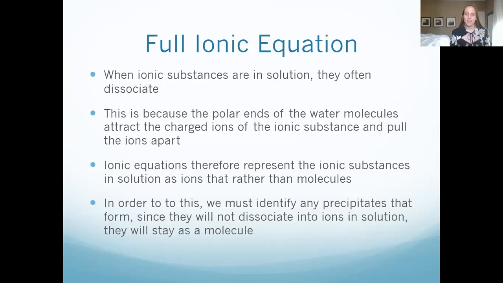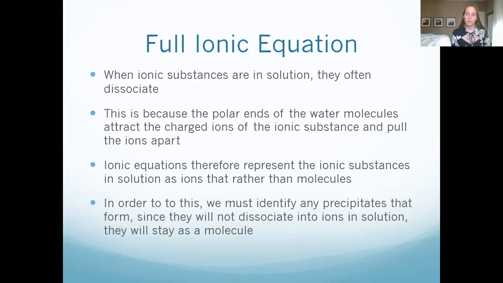So yeah, in the full chemical equation, like I said, we don't actually dissociate the ionic substances, even though in reality, most ionic substances will dissociate in solution. That is, of course, because the polar ends of the water pull apart the positive and negative ions that make up the ionic compound.